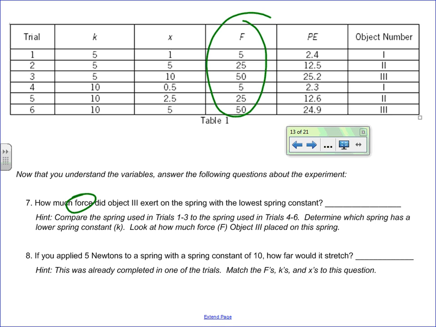Now, which force do we pick? We see there's a couple of 5s, there's 25s, and some 50s. How do we know which of those 3 we should pick? What do you think? Okay, so object 3, it's either 50, or there's another object 3 where it's 50. And which one's the lowest spring constant?